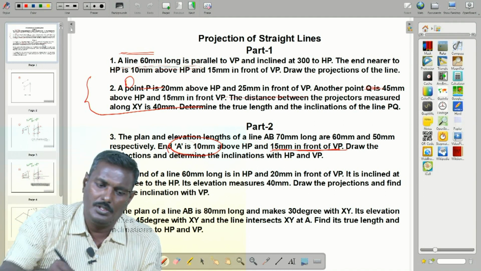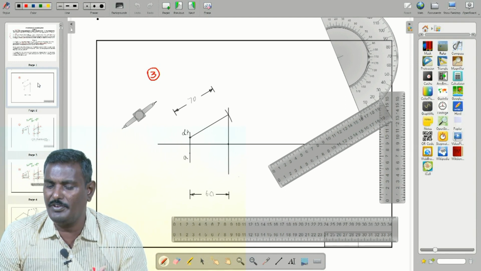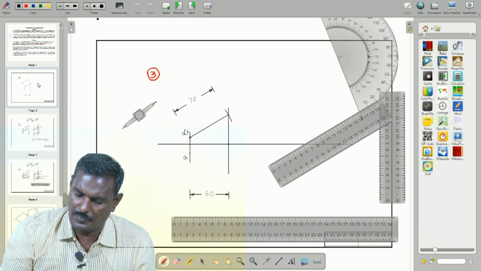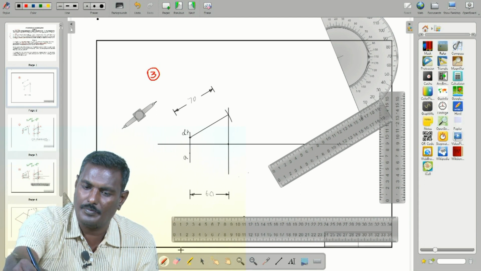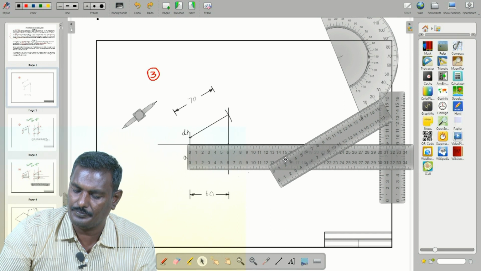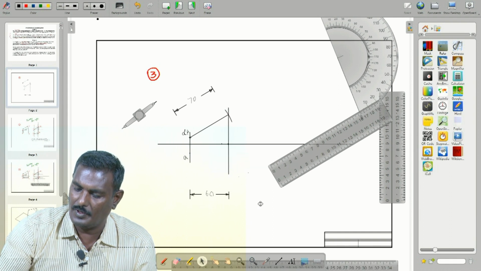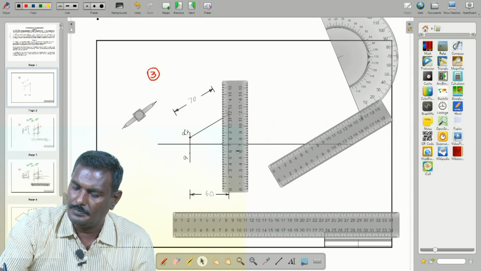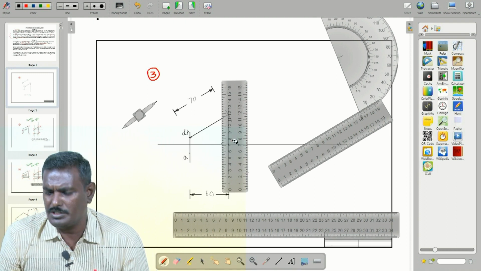So that is the true length, 50 mm. Here, below XY, we have to measure 50 mm. Measure 50 mm and draw projectors. There is no need above, because we already constructed it.